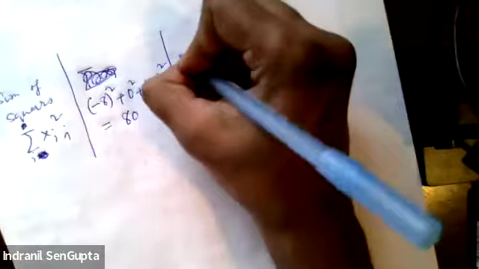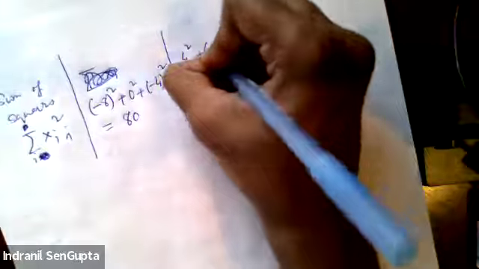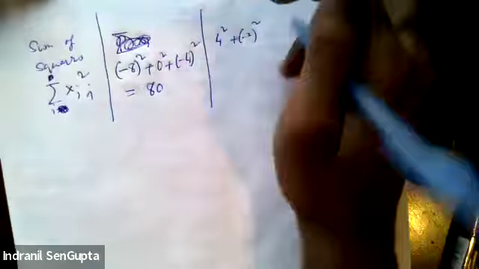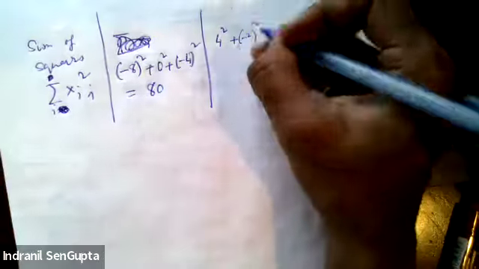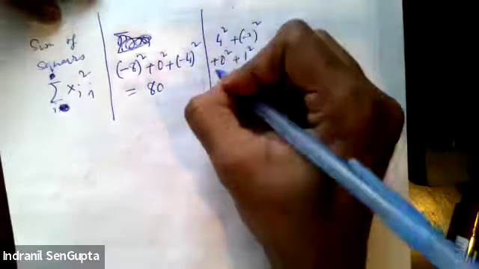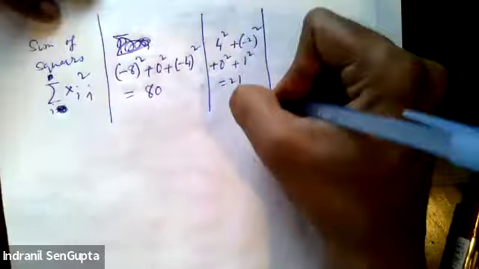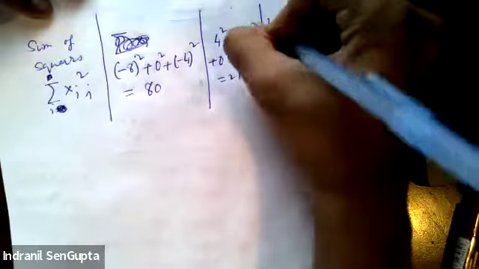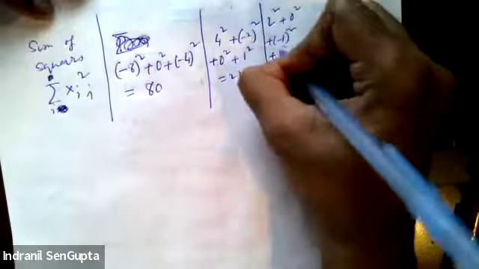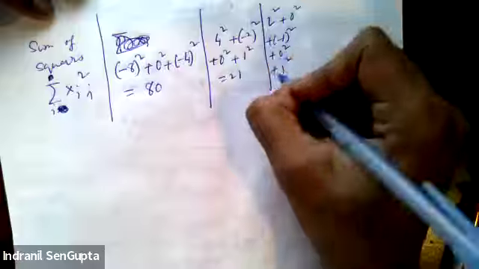So it's 80. In the second case, it's 4 squared minus 2 squared plus 0 squared plus 1 squared, which is 21. And in the third case, it's 2 squared plus 0 squared plus -1 squared plus 0 squared plus 1 squared, which is 6.